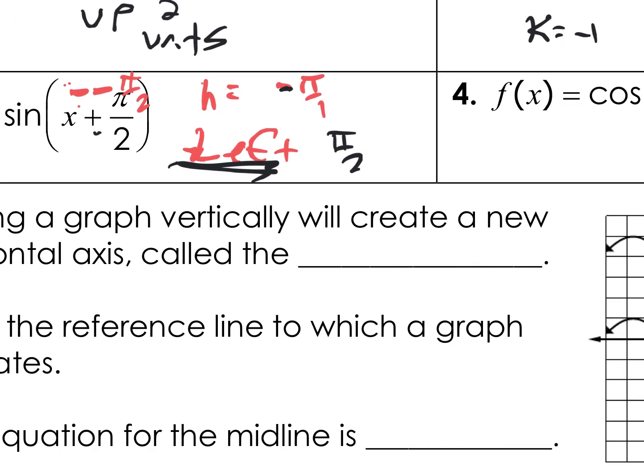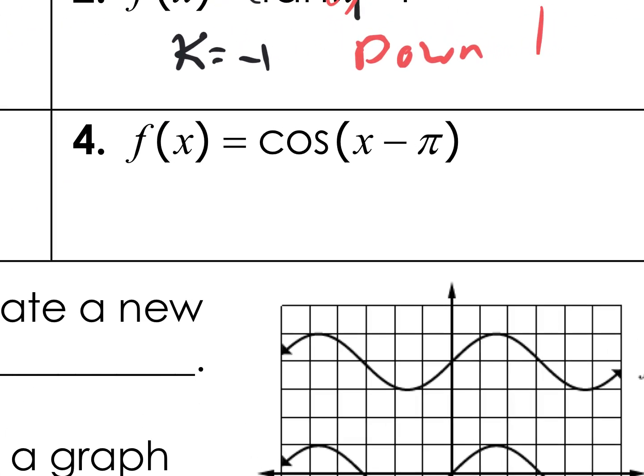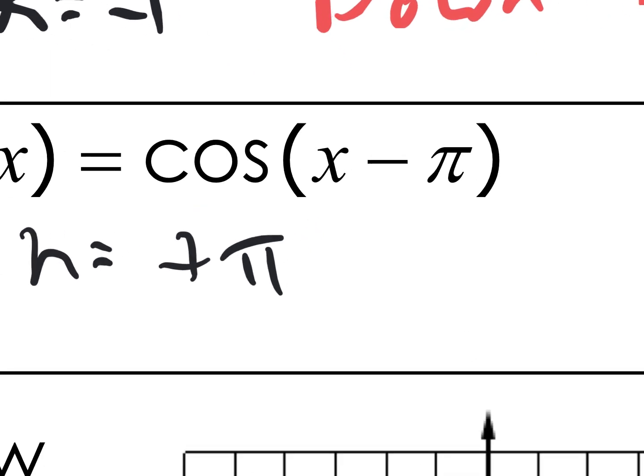Number 4. What's happening there? What is H now? Is it a negative pi? It's a positive pi, because it looks like this: minus a positive pi.